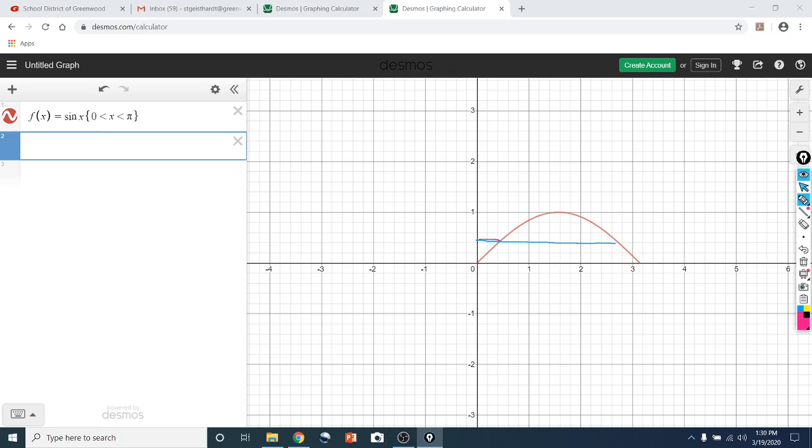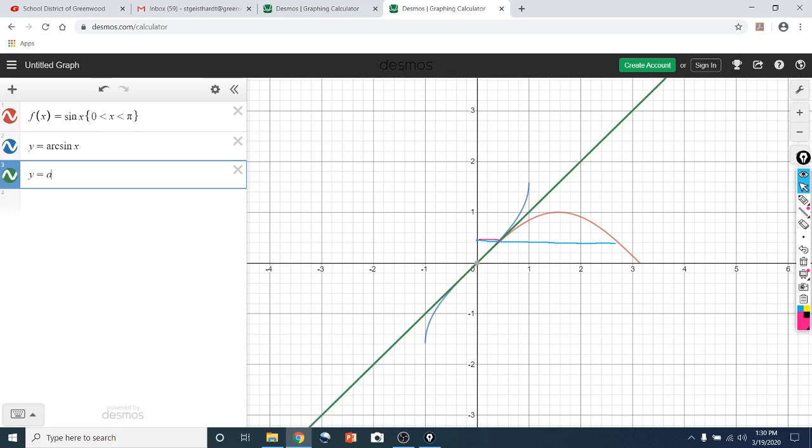We can do that if we turn this into inverse sine, y equals sine inverse of x, I'll just type arc sine. Y equals arc sine of x plus, no, plus pi.